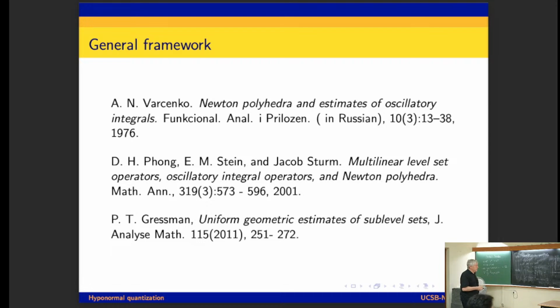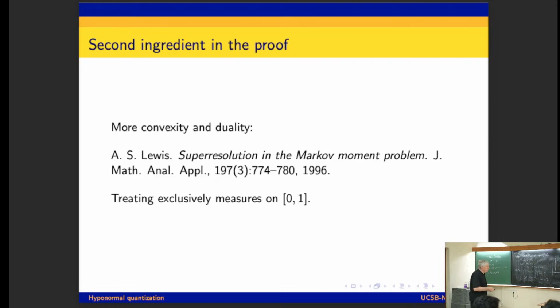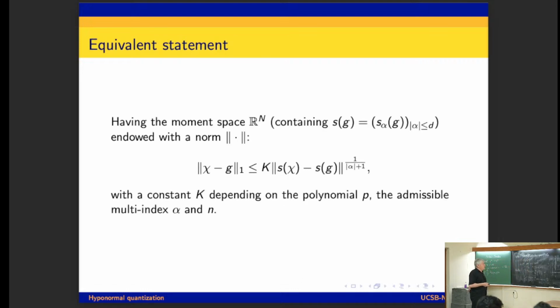So it's quite well developed. And then there is this 1D work of Lewis on the super resolution of the same Markov problem we discussed. So what I am sketching here is a multidimensional analog of this Lewis result, and it works very well, and you can have an upper bound on the gap between the special shape and the approximating one, only in terms of the moments.